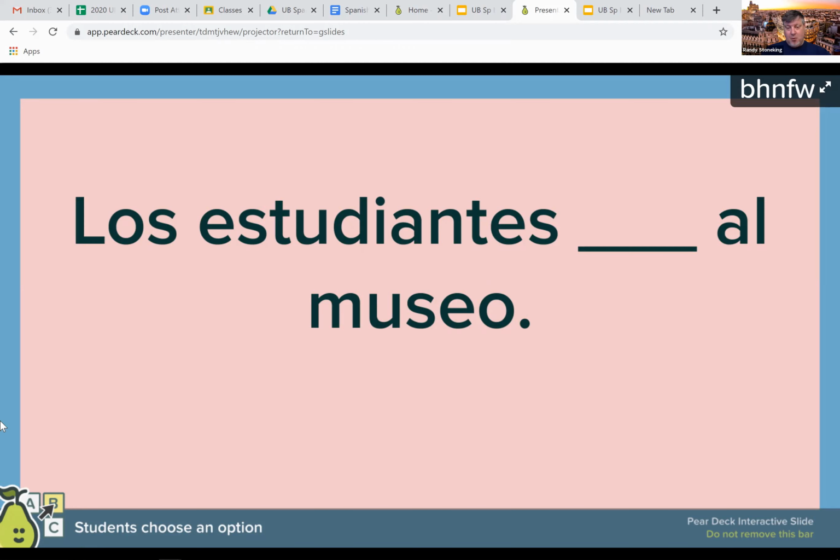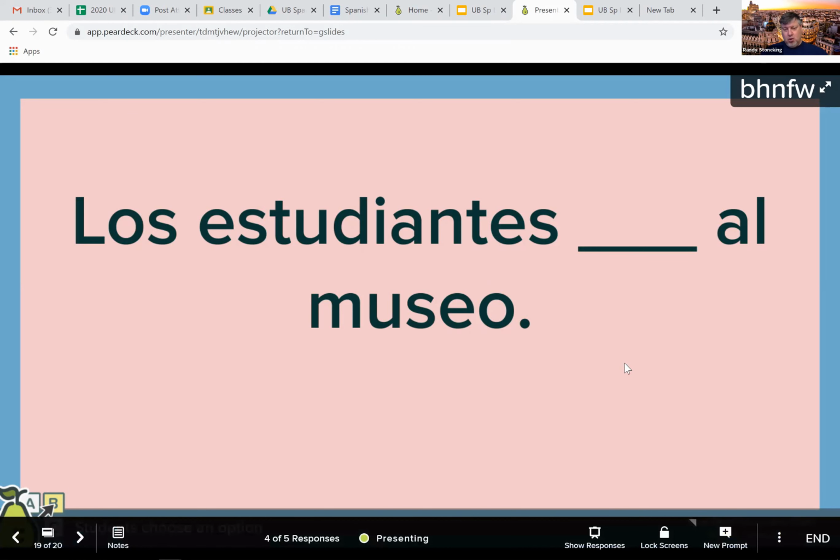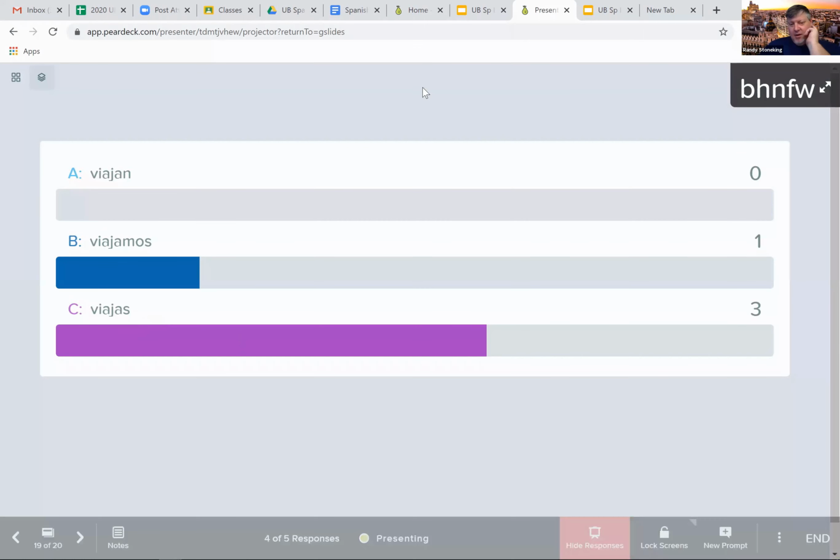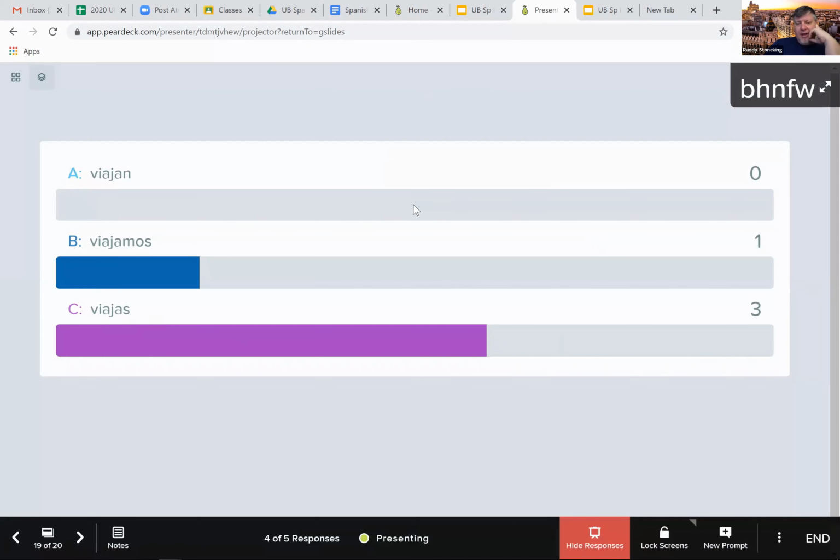Five, four, three, two, uno. So los estudiantes viajan, viajamos, or viajas. So who are los estudiantes? Los estudiantes, let's take this off the screen for a second.